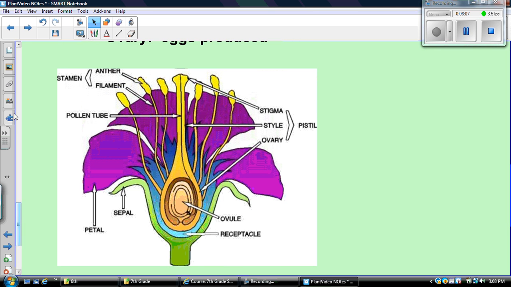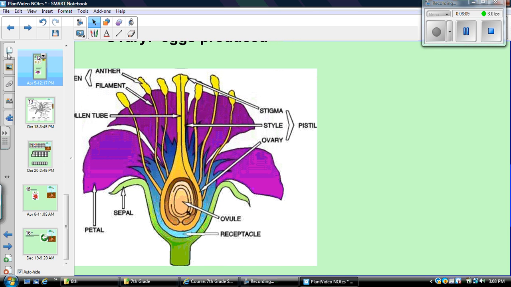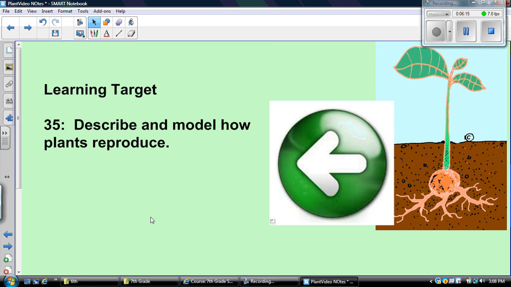So you might want to put that in your notes. Okay, so that's the different ways that plants can reproduce, and then you will be doing a lab to model this. So that's target 35.